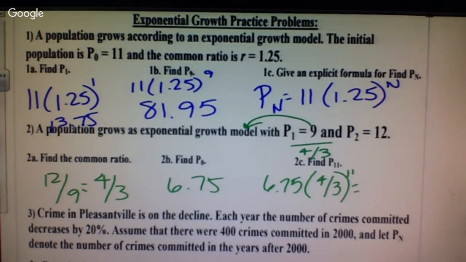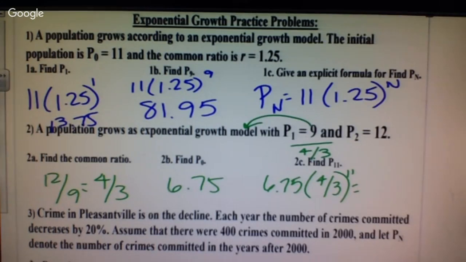What do we get? 159.81. That's not what I have. 159.81. Yeah, that's what I got. So my answer's wrong then. Let me just double check.